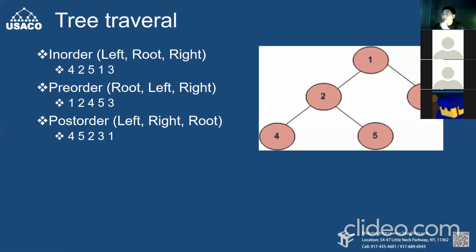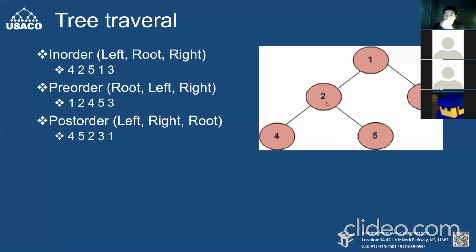Let's imagine, starting from the root node. I need to visit the left subtree first. The left subtree is here. In the left subtree, my root node is 2, my left node is 4, my right node is 5.